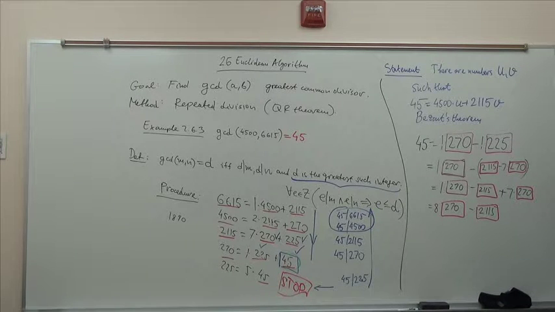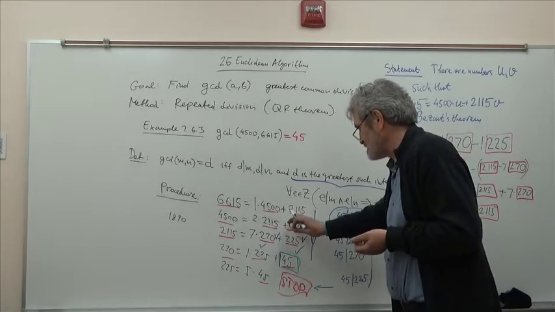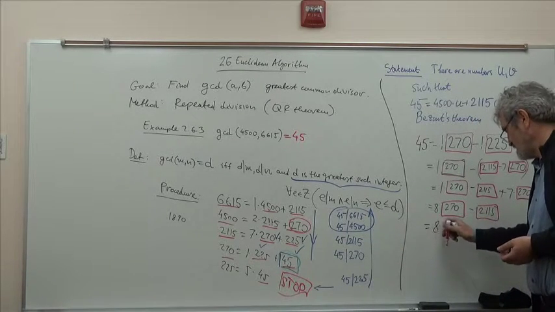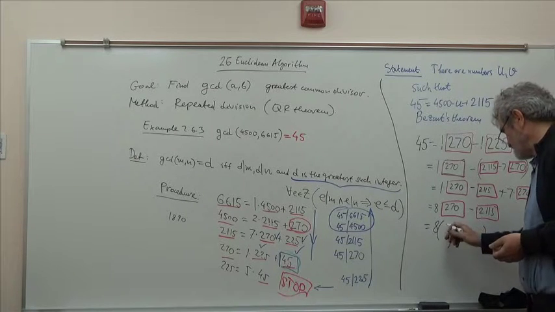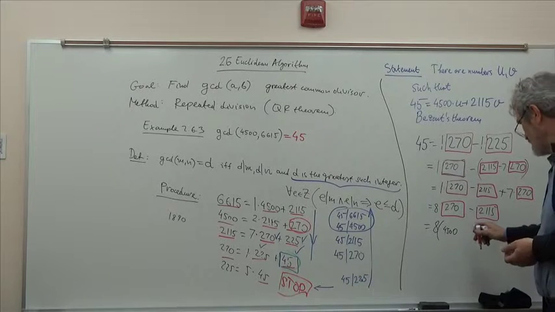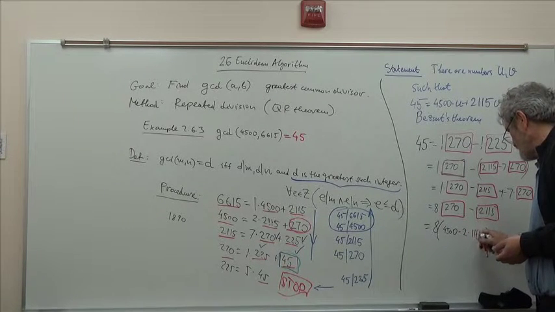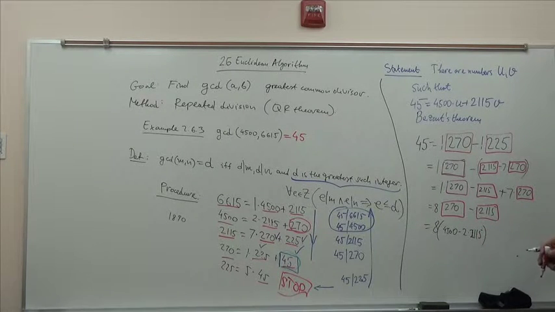That's it. Now I have again 2 members, a little higher level. So who's lower among them? 270. So I trade 270 from the line where 270 appears. So what would that be? It would be 8 times, instead of 270, I write 4500 minus 2 times 2115.